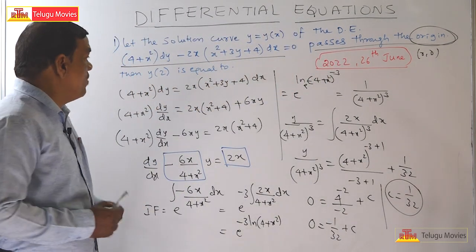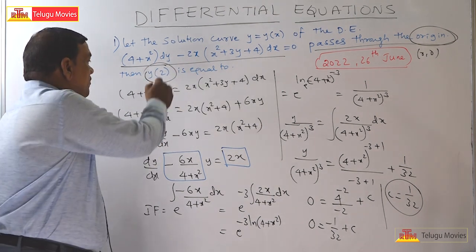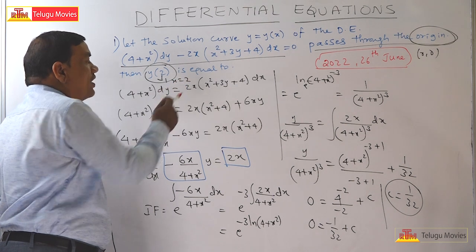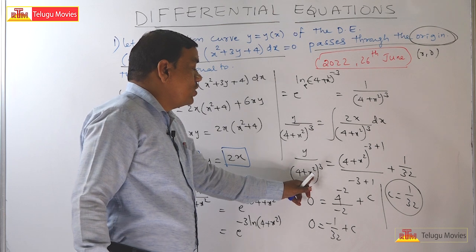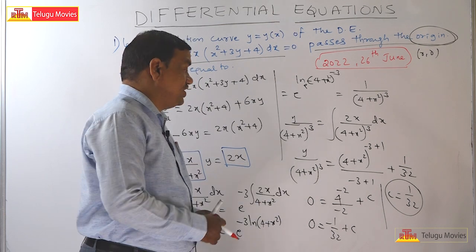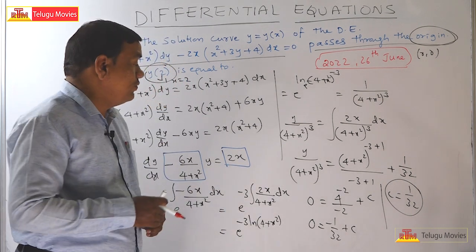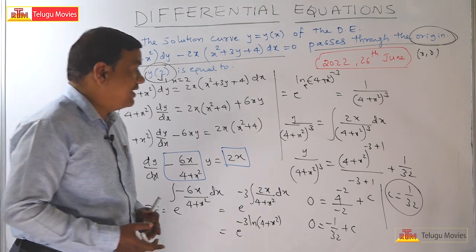Now the problem is over. Now it is asking y of 2. That means when x value is 2, what is the y value? So x value is 2, substitute here: 2 square 4, 4 plus 4, 16, 16 cube, 16 into 4 plus 4, 8, 8 cube, 8 into 8 into 8, multiply.